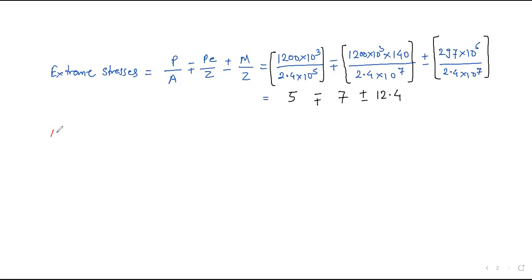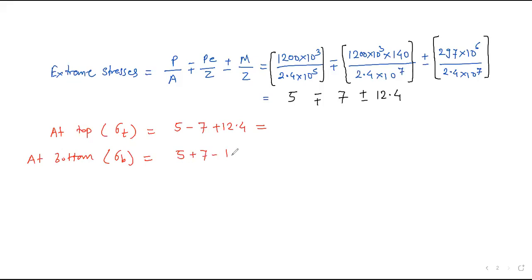So the extreme stress at top, sigma T, will be 5 minus 7 plus 12.4. Do the calculation and let me know the answer. And at bottom, sigma B is equal to 5 plus 7 minus 12.4.